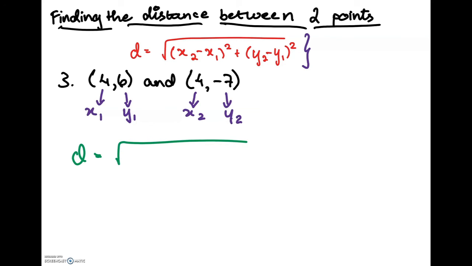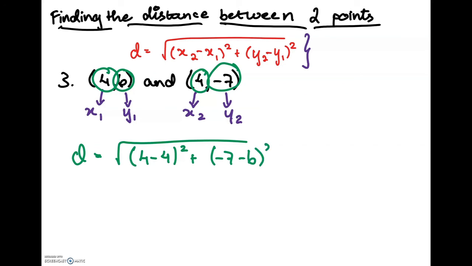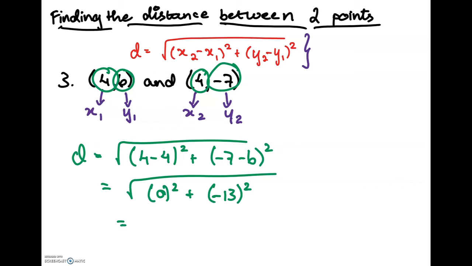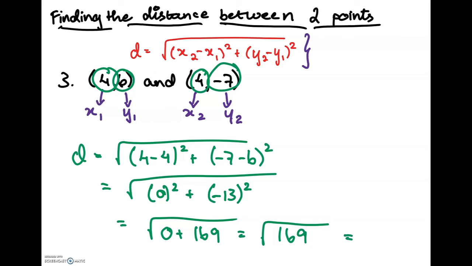So d is equal to the square root of x2 minus x1, so 4 minus 4 the whole square, plus y2, negative 7, minus y1, 6, so negative 7 minus 6 the whole square, which is equal to 0 squared plus negative 13 squared, which is equal to 0 plus 169, which is the square root of 169, which is just equal to 13. And as we did on our graph, the distance between the 2 points is just 13 units.